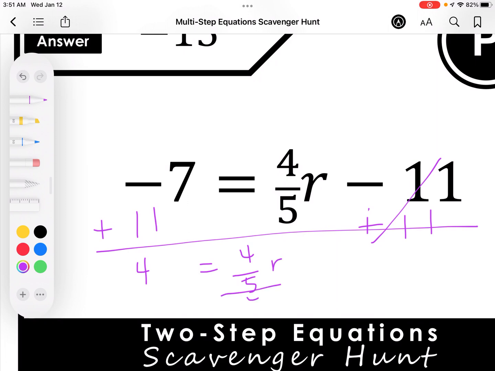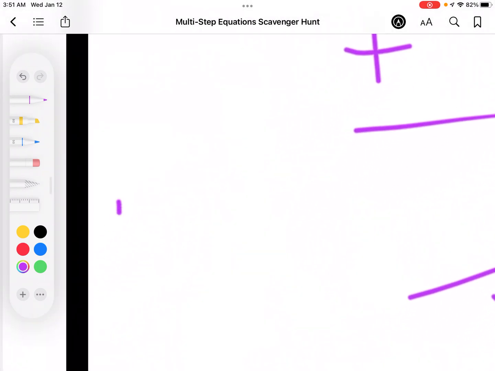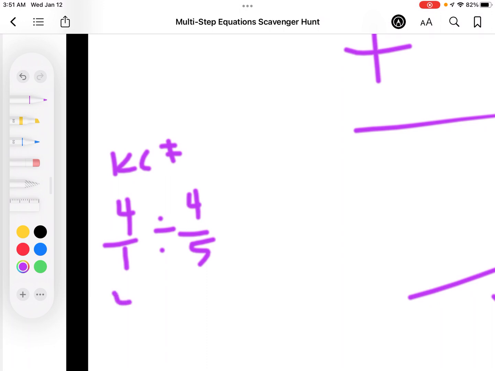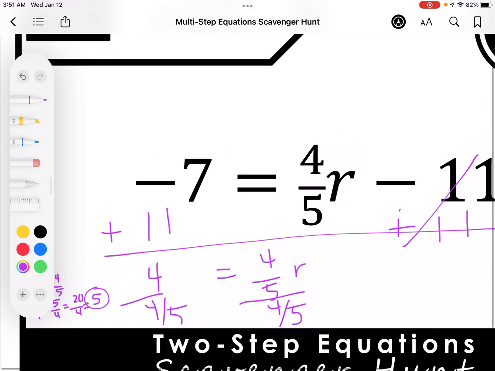So I'm going to divide by 4/5. So that's the same as doing 4/1 divided by 4/5. Keep, change, flip. 4/1 times 5/4, which is 20 divided by 4, which would be 5. And it's all going to be positive because a positive divided by a positive is positive, so r equals 5.